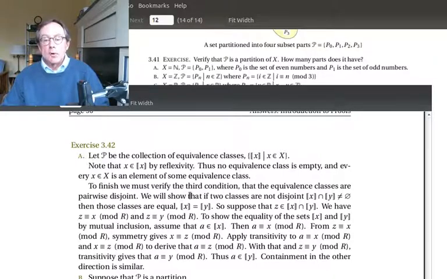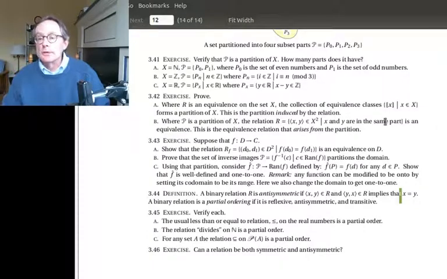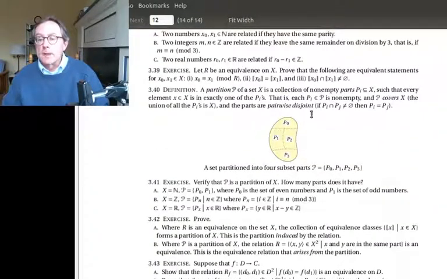The third part, you've got to show the parts are pairwise disjoint, and you use this somewhat peculiar way of phrasing it, which is often the convenient way to show pairwise disjointness. You assume Pi intersect Pj is not empty, and you go on to show that Pi equals Pj, and often you do that by mutual containment.